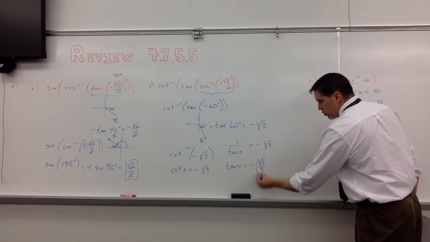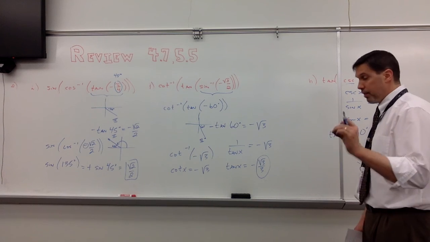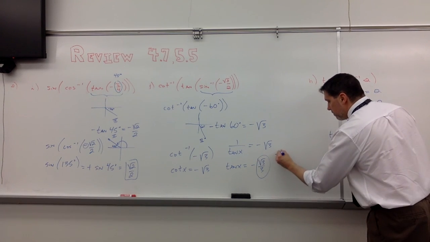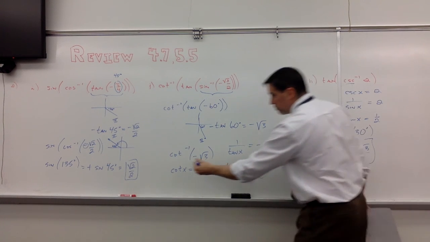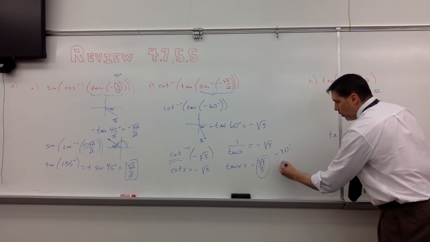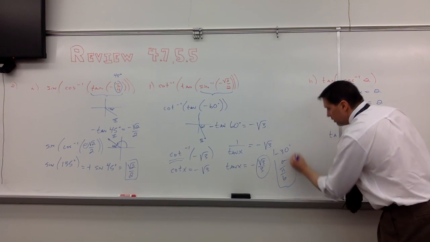The square root of 3 over 3 you should recognize for tangent as being 30 degrees. If we're talking negative, we have to go with negative 30 degrees to put us into quadrant 4 for the principal value, because that's ultimately what we were evaluating. Or if you're talking radians, we're looking at negative pi over 6.